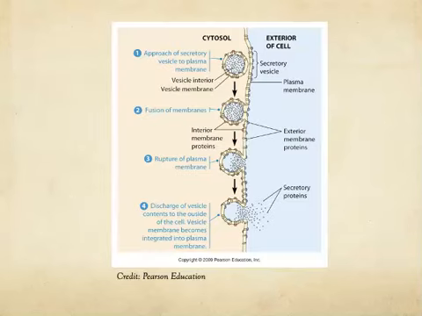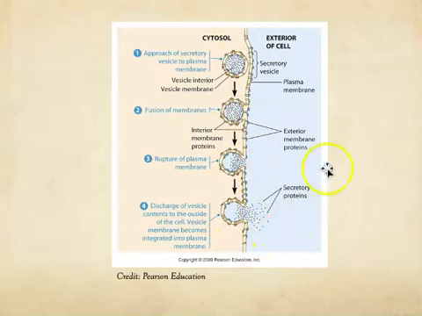On this slide, you can see a diagram of the 4 steps of exocytosis. Let's walk through them together. In the diagram, the light orange represents the cytoplasm inside the cell, and this structure represents the membrane, the plasma membrane.